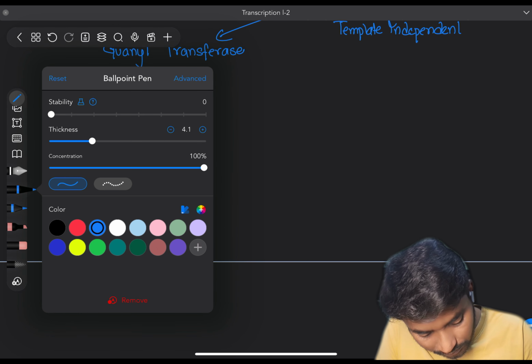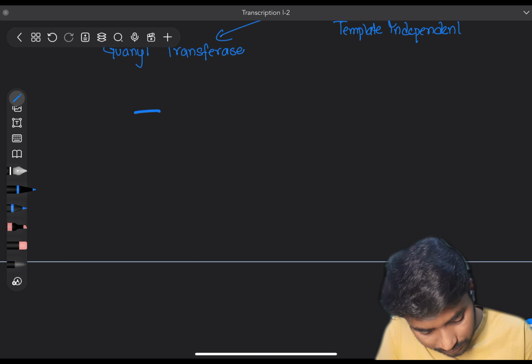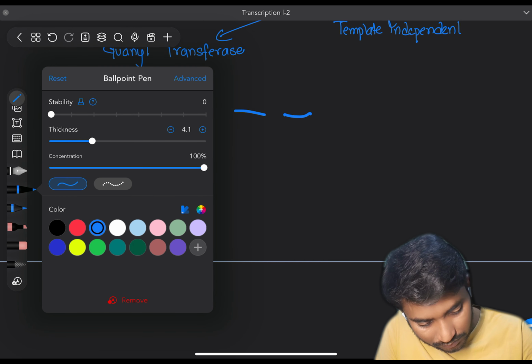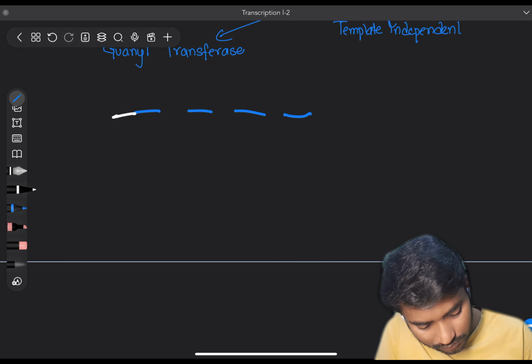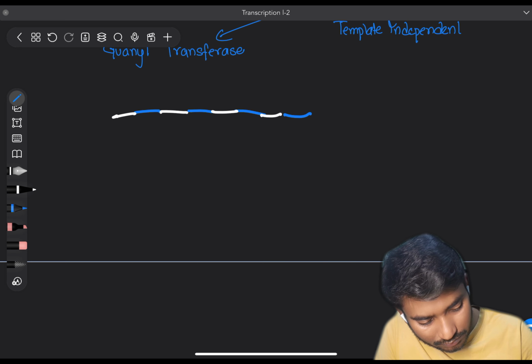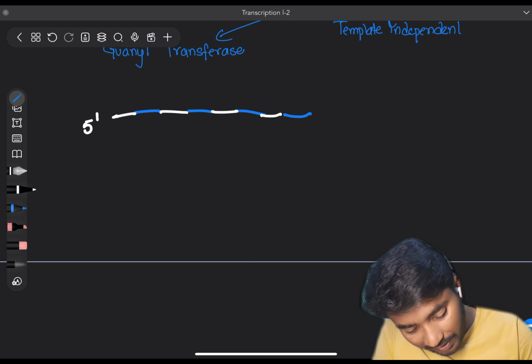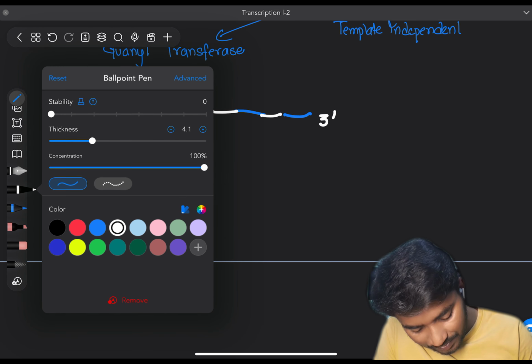Now here, this is the 5' end and this is the 3' end.